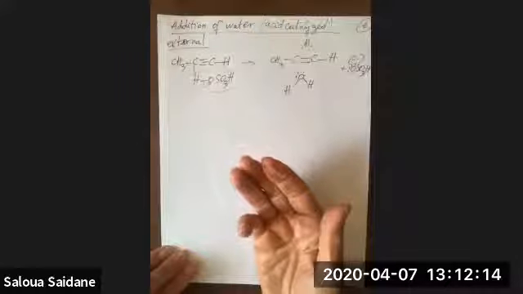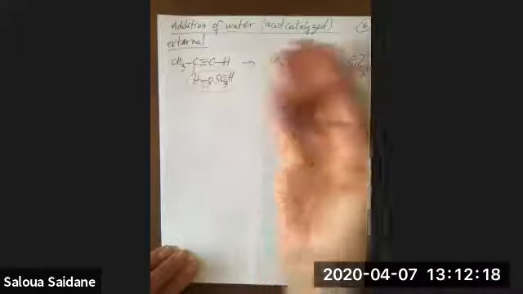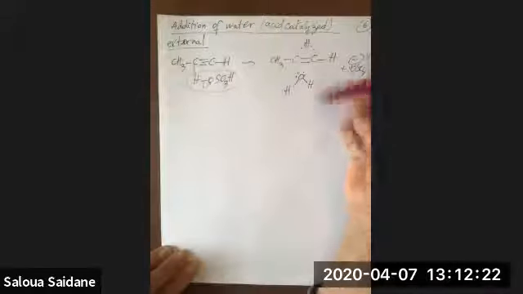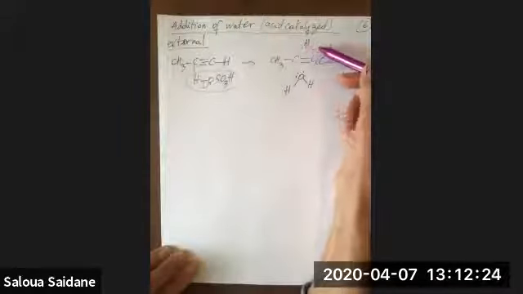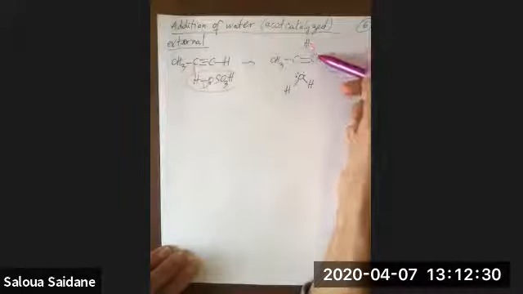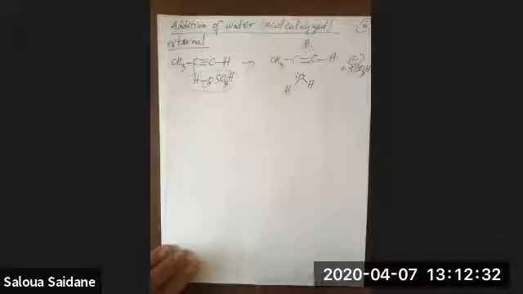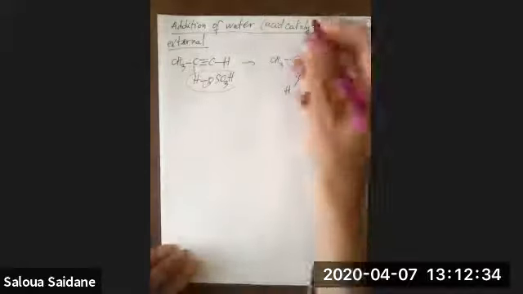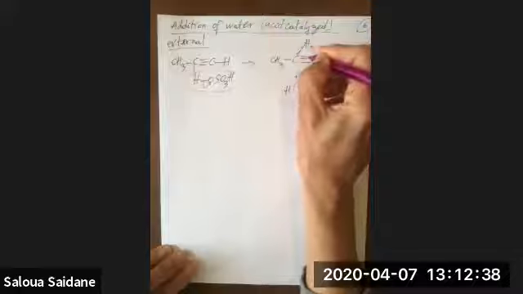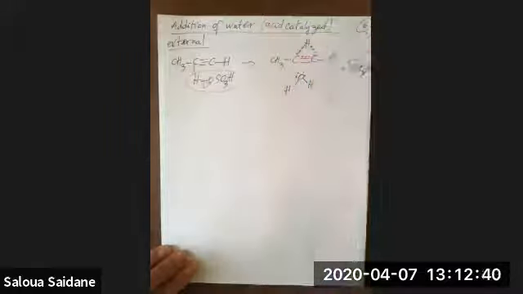So the question now, where would the water add? To the right or to the left? This is just like the previous case when we did HX. The hydrogen has to be on the least substituted because this will be a better carbocation. So if this opens, the carbon here, sorry, I forgot to put more dots. So we're supposed to have the pi complexes like this. We have to have 3 bonds.